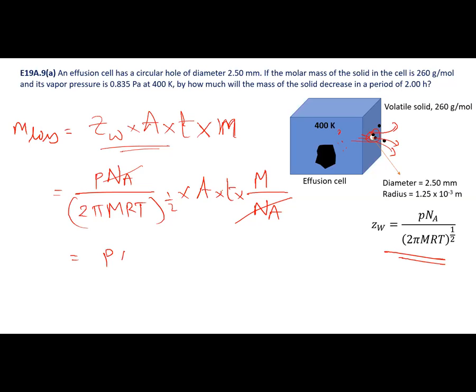So we can rewrite this as P A t times M over 2 pi R T to the power half. Again, this is straightforward. From here, we just need to plug in all the values.